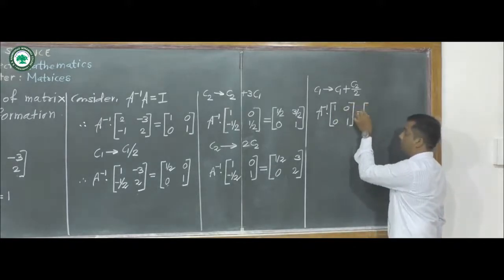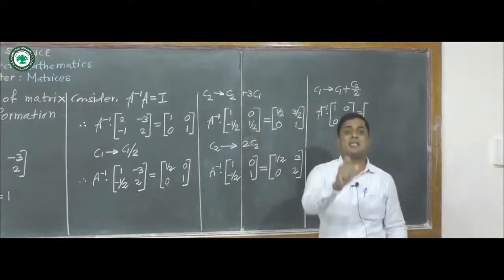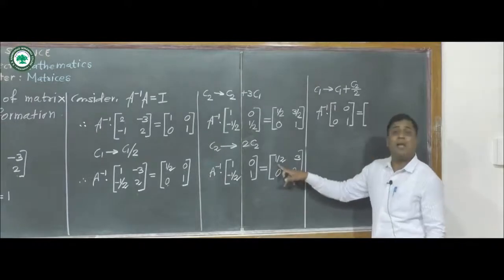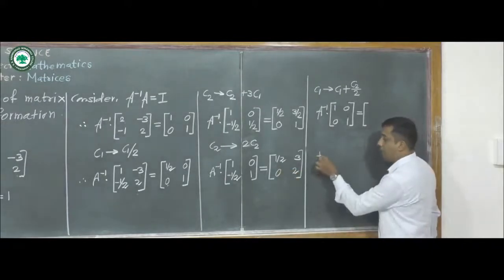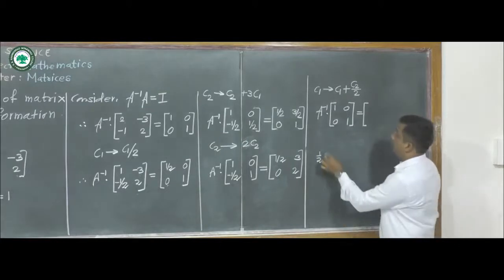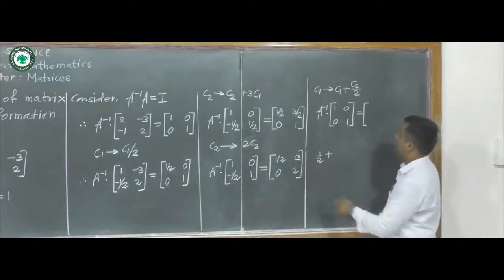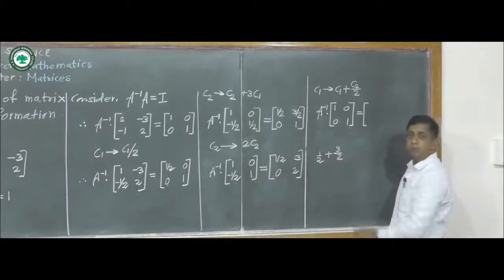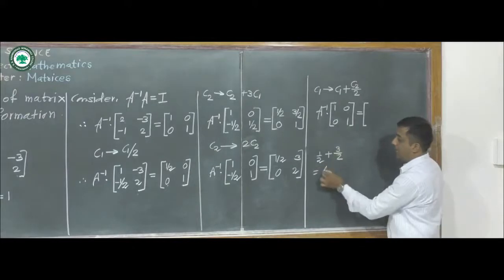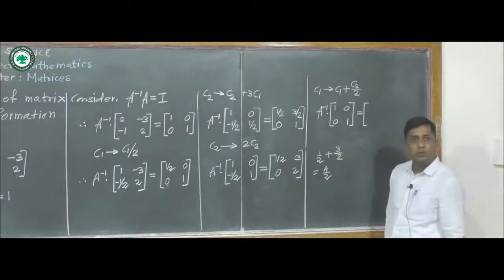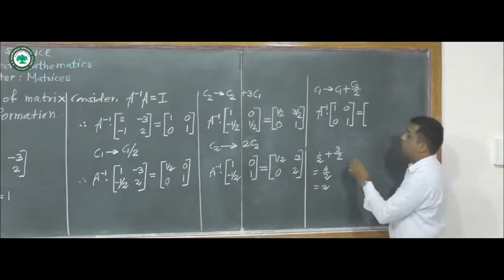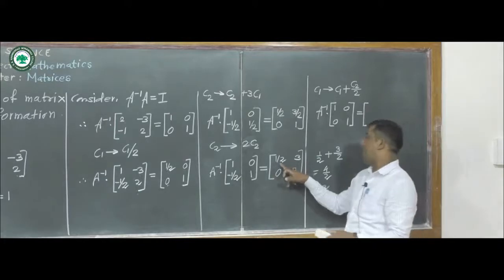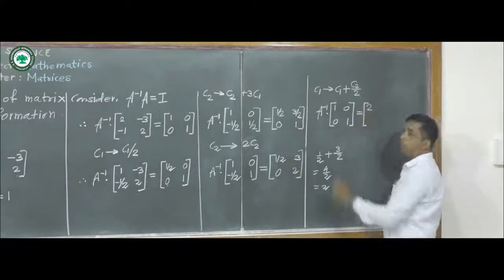Now this is equal to, now we perform the same transformation on RHS. Again the first element from the first column is 1 upon 2, then plus the first element from column second, which is 3, divided by 2. Here we get 1 plus 3 is 4, so 4 upon 2, we know 4 upon 2 is 2, so in the position of 1 upon 2 we get 2.